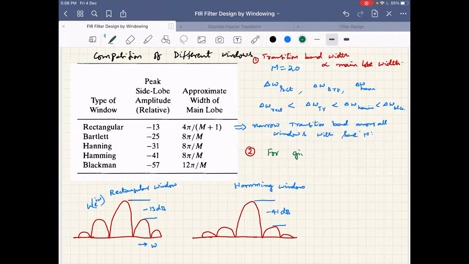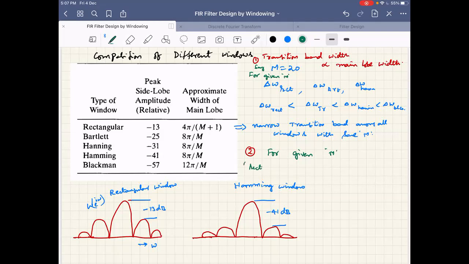The rectangular window has the highest ripples because the side lobe heights are higher.